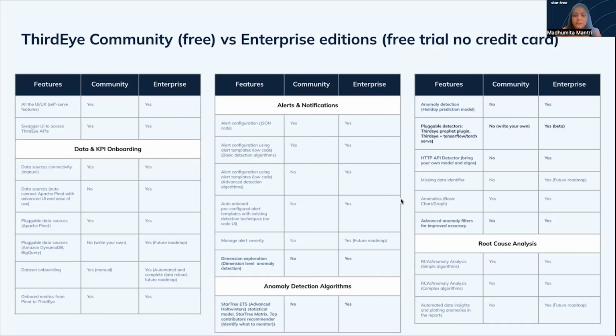And most of the UI features are out there. Enterprise edition also has a free trial, no credit card. In case you want to do your free trial for a longer period, that option is also there. You can reach out to us and we can work on that.